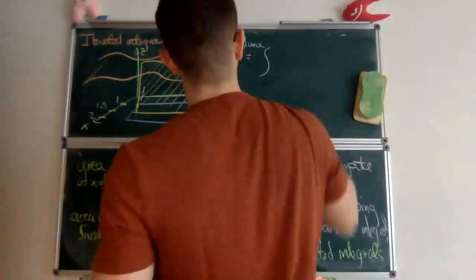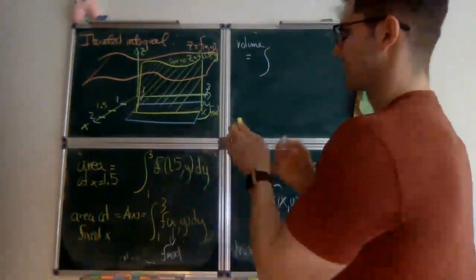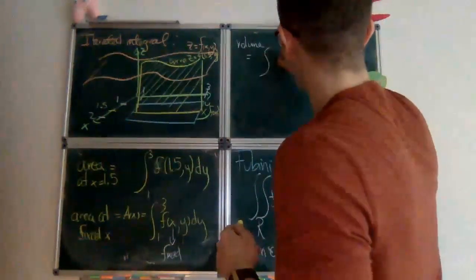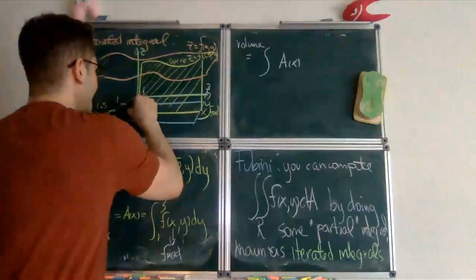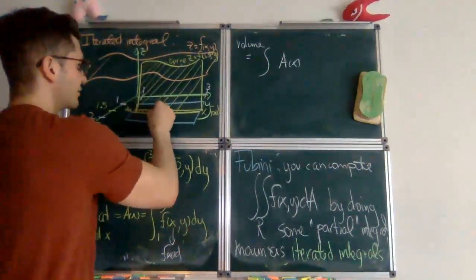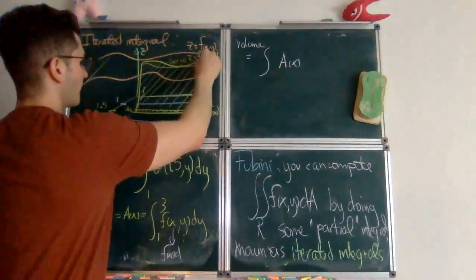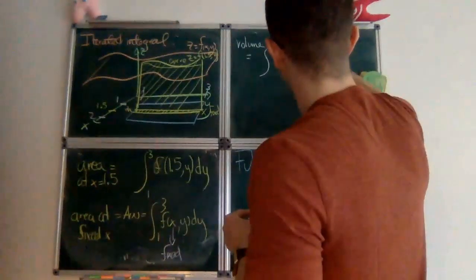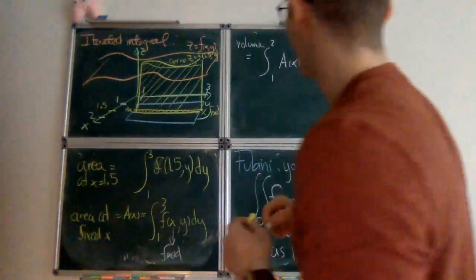So what you would like to say is that the volume is the sum. Remember that when you're trying to sum something that varies continuously, really you're doing an integral. So really you're adding up all these areas, which you imagine have some tiny thickness dx. So imagine that this has some thickness dx, so this really gives you some amount of volume. Okay? And so you're really adding up all these pieces of area from 1 to 2, because those are the values that x can take.